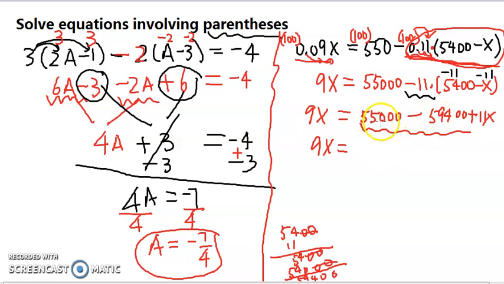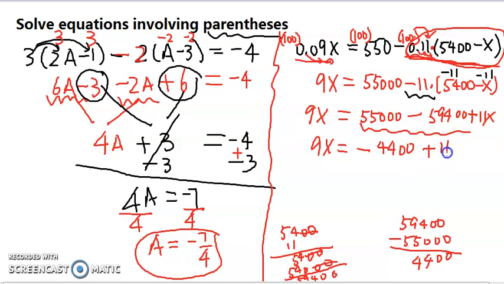And notice 55,000 is smaller than 59,000. We're going to get a negative number. But when we subtract them, we take the bigger number, subtract the smaller, get negative 4,400 and plus 11x.